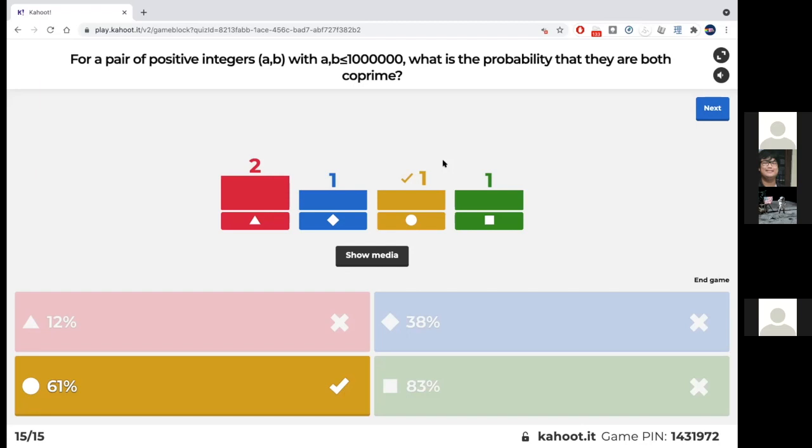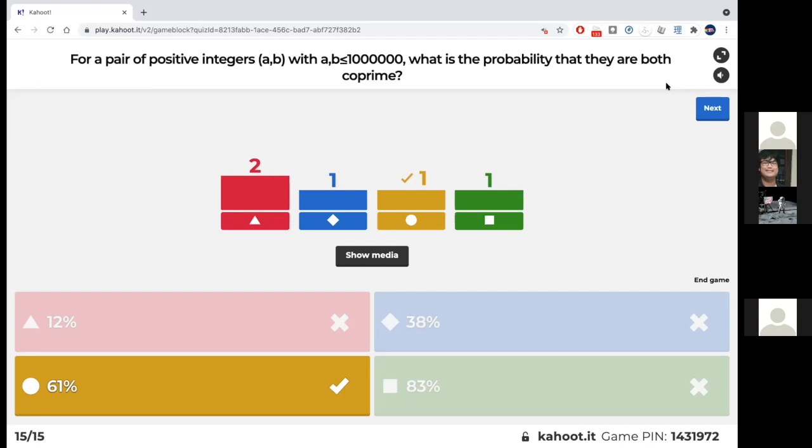This isn't something you can derive very easily in 20 seconds, but it's nice to have an understanding of the general proportions there. A fun fact for this question: if you take the probability that they're coprime and take the limit to infinity, it actually turns out your final answer has pi in it. So you could try to derive the probability and see how pi is involved in the answer.